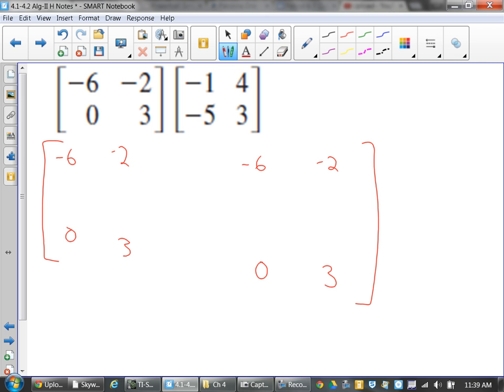Now, what do I put next to the negative 6? You get 1. What do I put next to the negative 2? What do I put next to the negative 6? 4. And 3. And once you get those in that order, below them, you just repeat it. This is so cool.